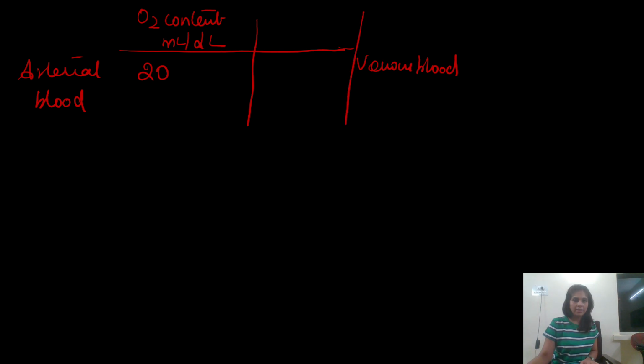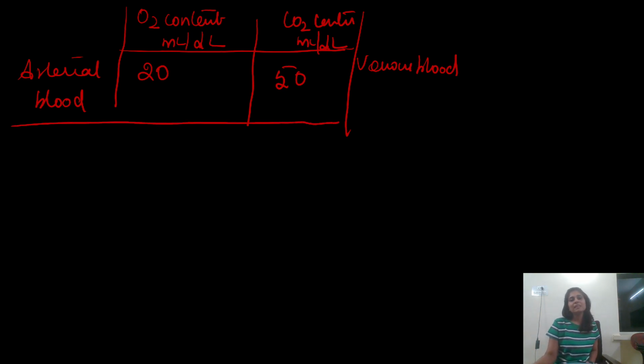And in arterial blood, what is the carbon dioxide content in ml per deciliter? It is 50 ml per deciliter. So don't you think it's an interesting fact to know? Even in arterial blood, which content is higher? Carbon dioxide content is higher because solubility of carbon dioxide is more.